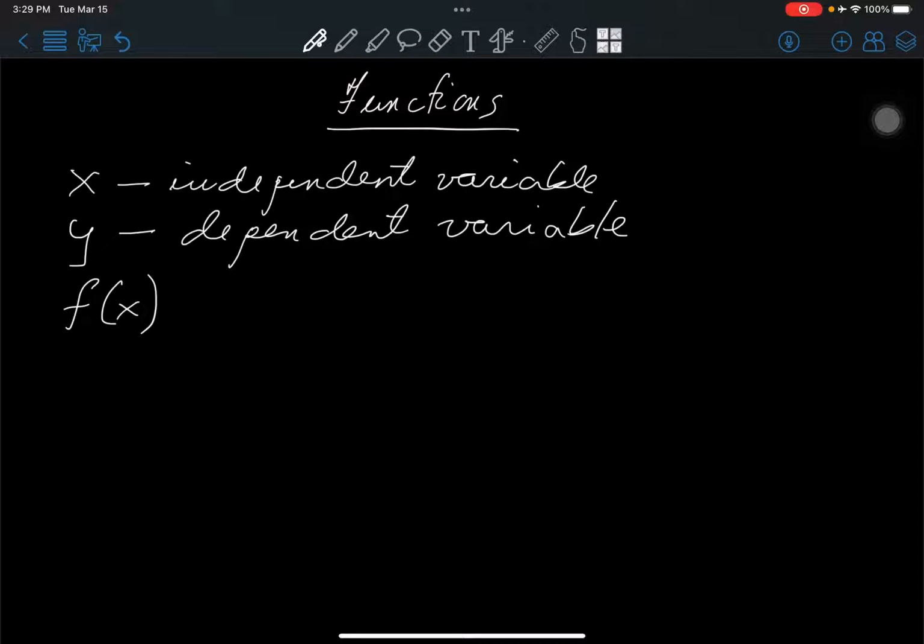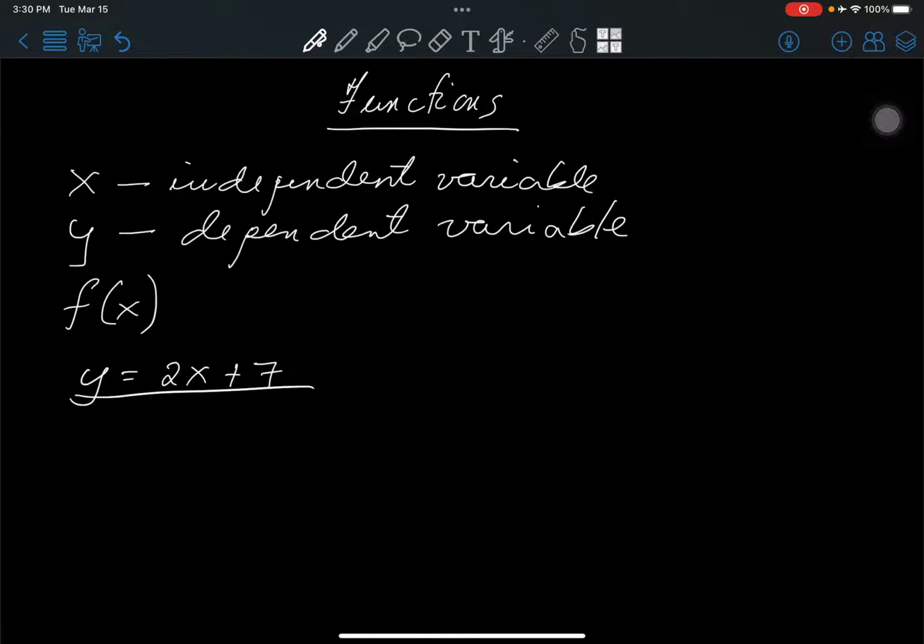And usually, for example, we have y is equal to 2x plus 7. This equation, y equals 2x plus 7, is known to be a function. This is a linear equation or a linear function.